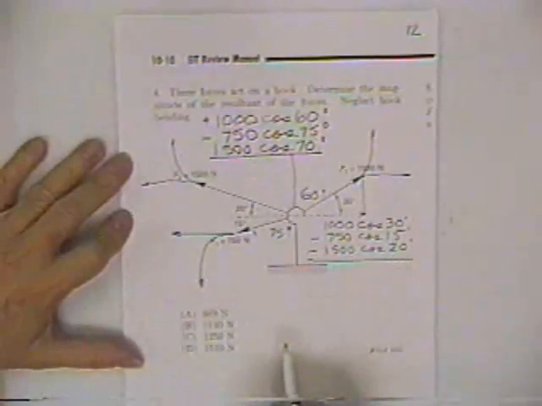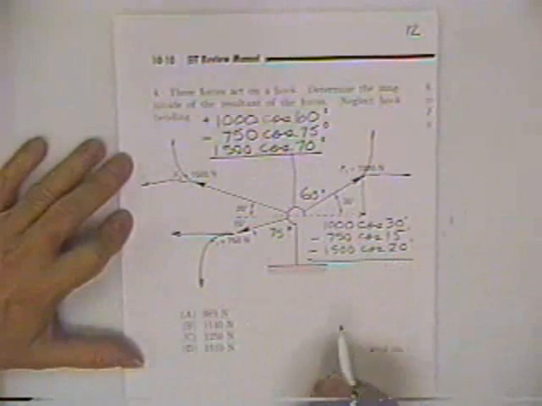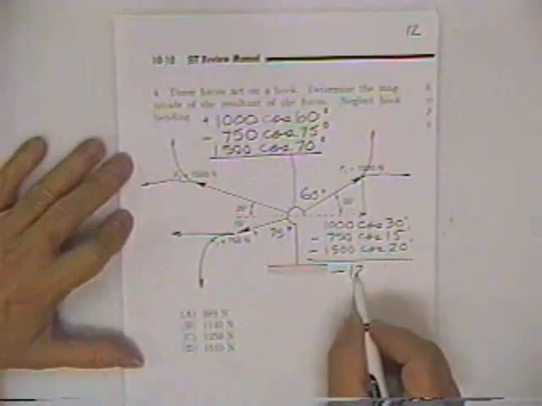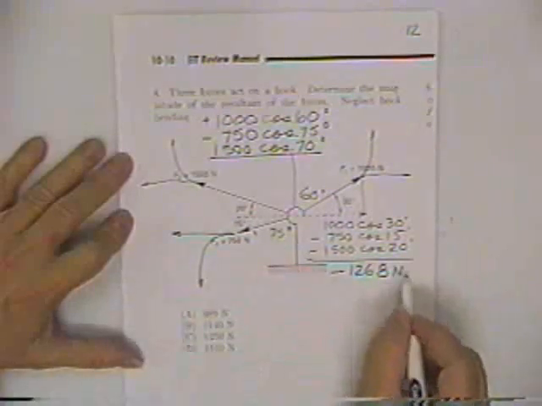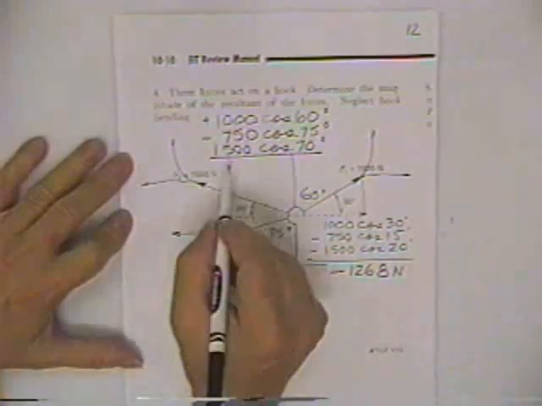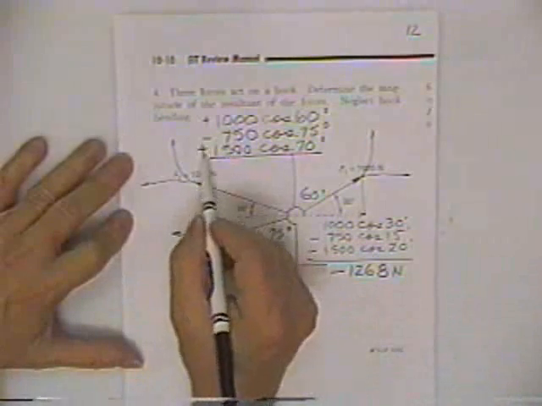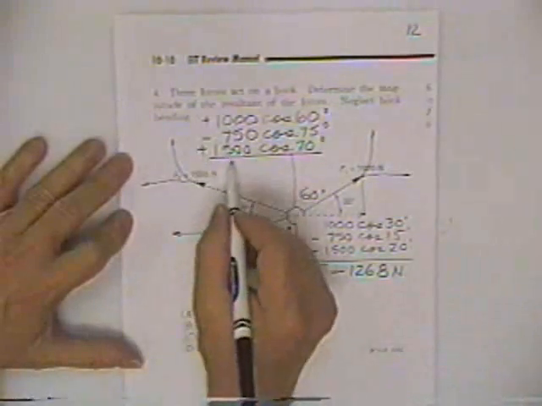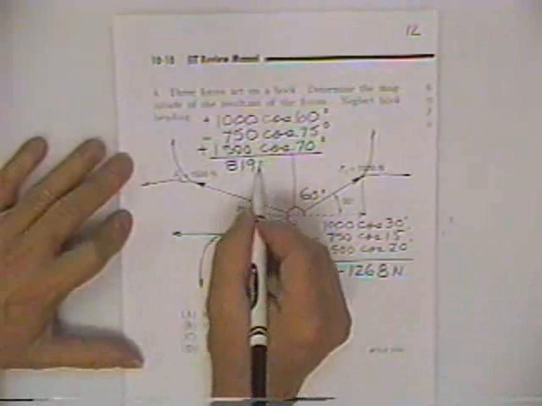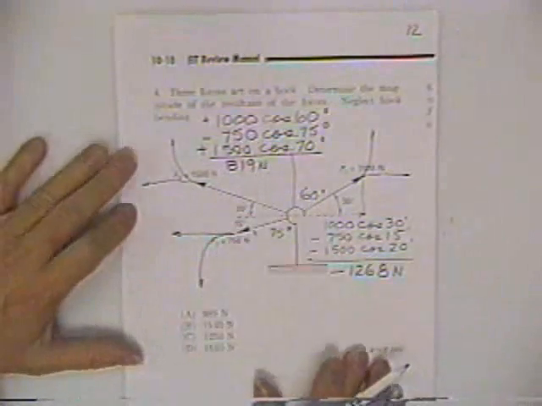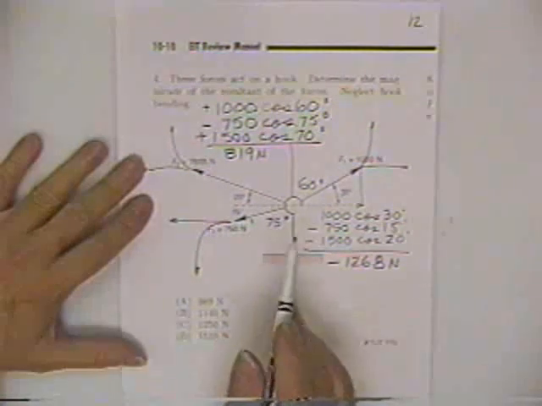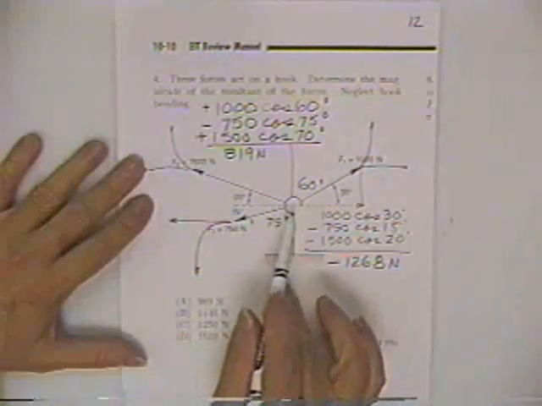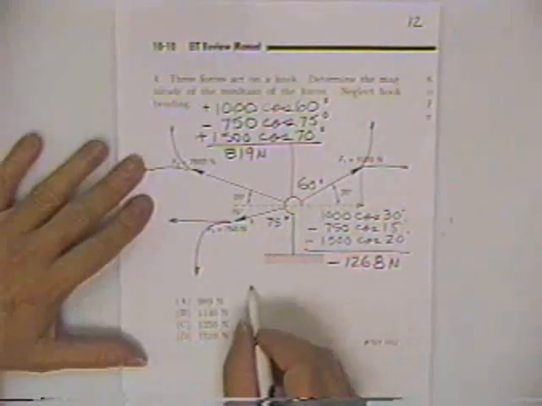Got the sum of those yet? Yes, sir. What does that come out to? Minus 1,268. All right, add those up: minus 1,268 newtons, and plus 819 newtons, and therefore we should be able to find the one force that would resolve all these forces into a single force.